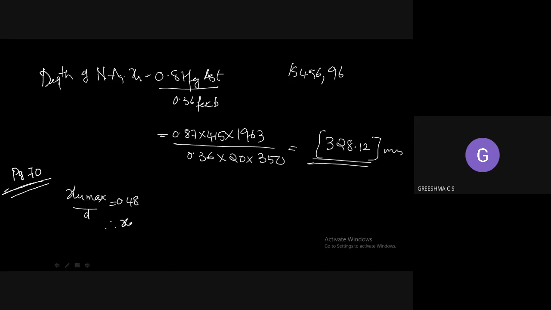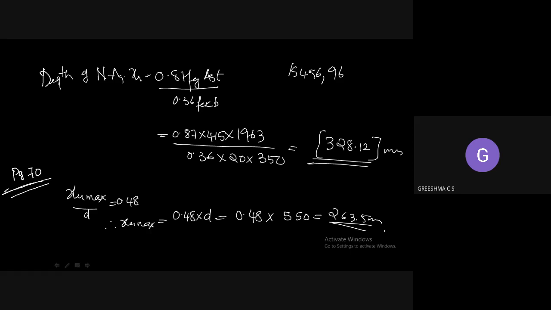From there you have to find XU max. So that is 0.48 into D. Directly they have given the D value, that is 550. So 0.48 into 550 is 263.5 mm. Are you getting it?